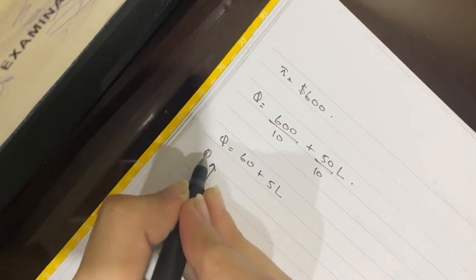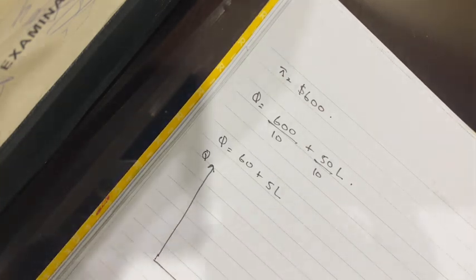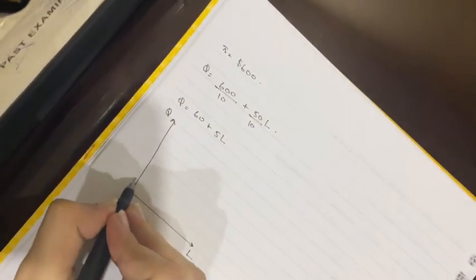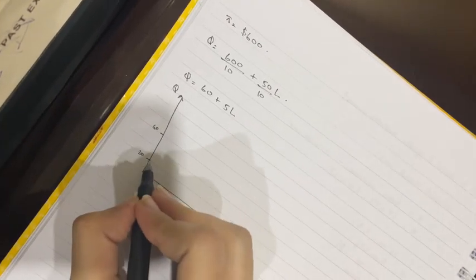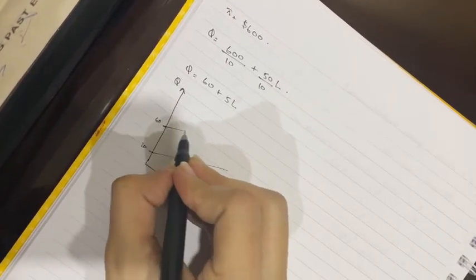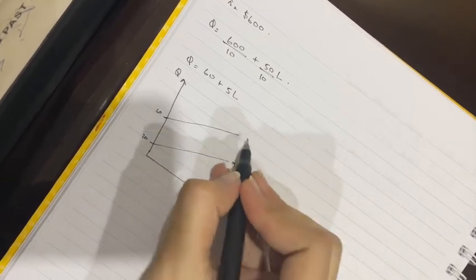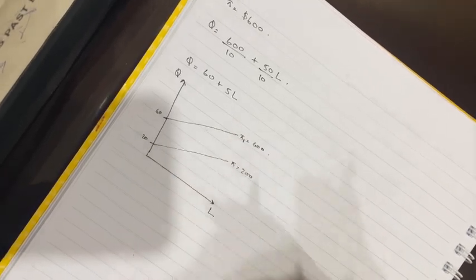Now we're going to draw a graph with Q on the vertical axis and L on the horizontal axis, as we've already talked about. Please excuse the shakiness, I was holding the phone in my hand. For the first profit level we have the intercept 20, and for the other level we have the intercept 60.